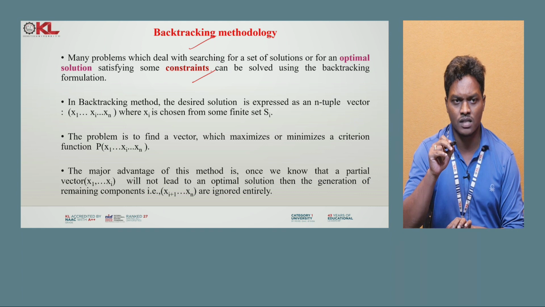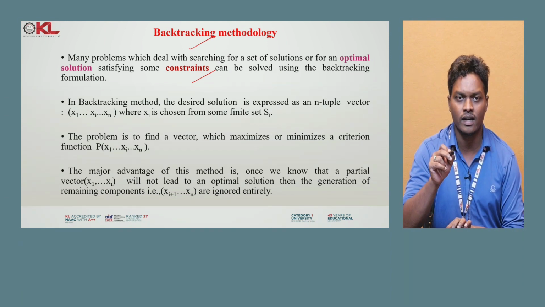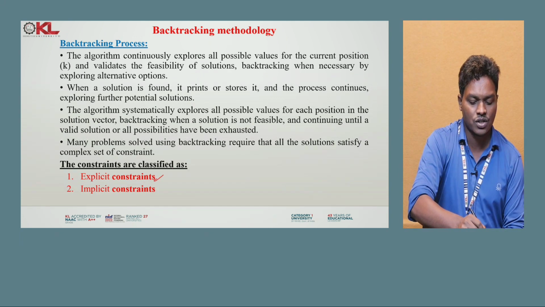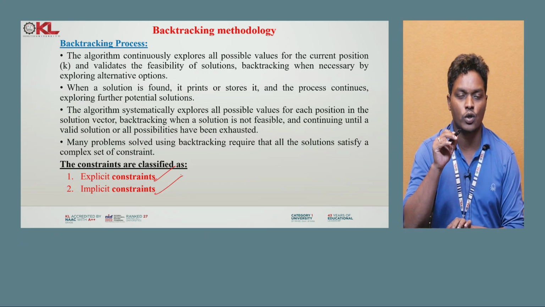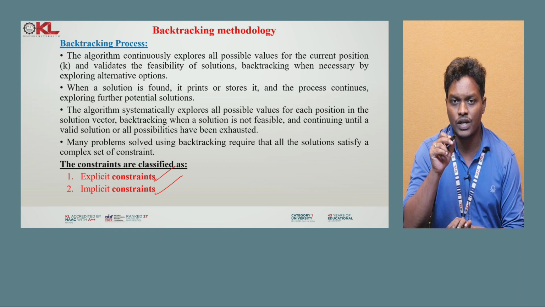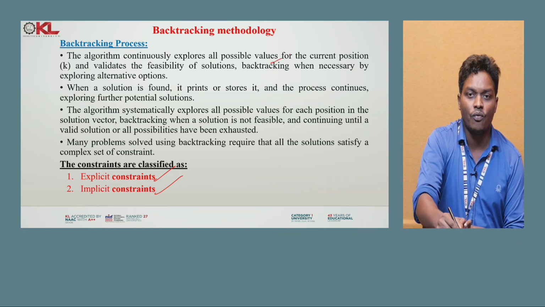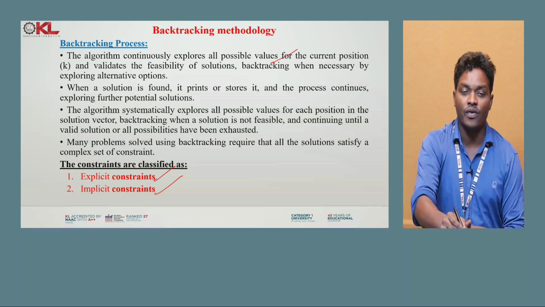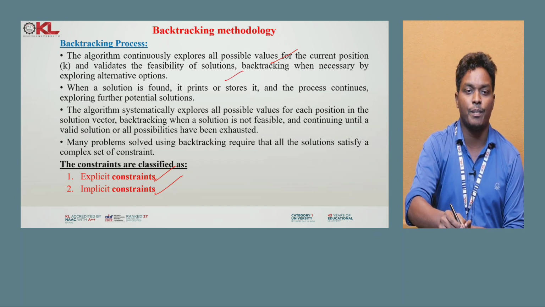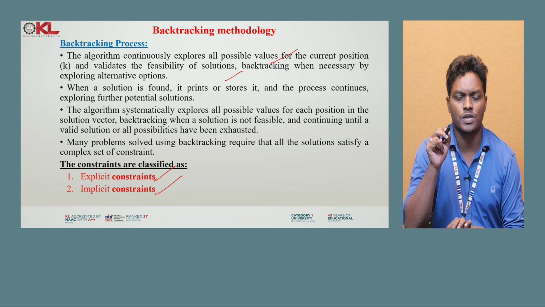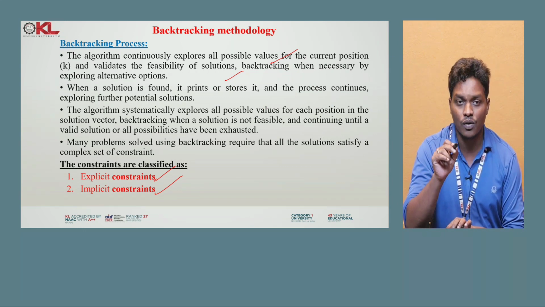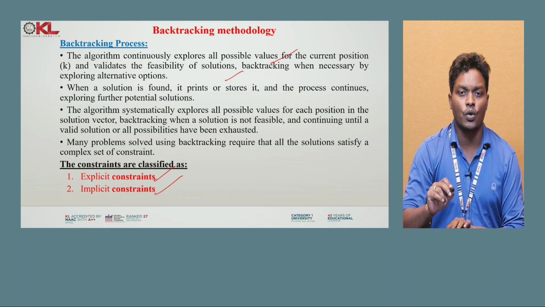The two most important constraints we have used in backtracking are explicit constraints and implicit constraints. The backtracking process is used to explore all the possible values of the current position and validate the feasibility of the solution by backtracking through the necessary options. It explores each and every option such that no conflicts occur for the queens placed on a 4 by 4 chessboard.